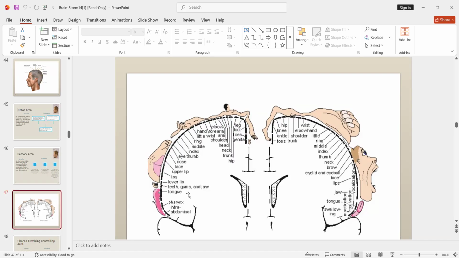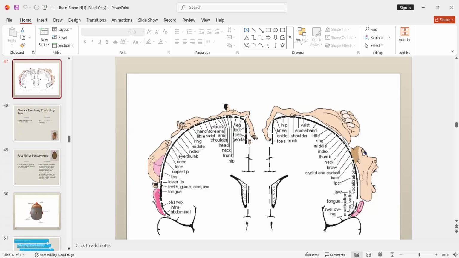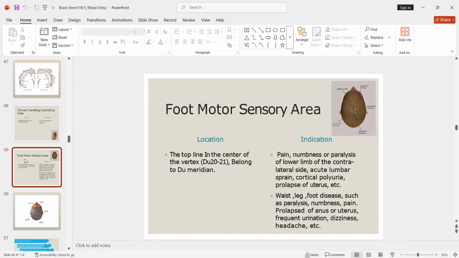And the precentral and postcentral gyrus width is 1.25 centimeters. Okay. The next area. Next.